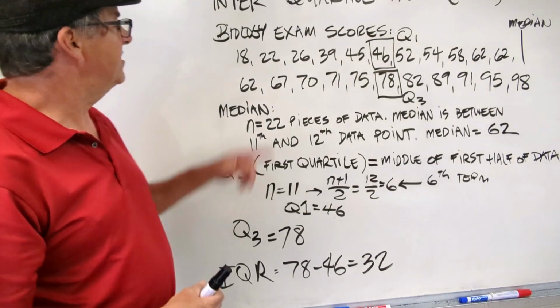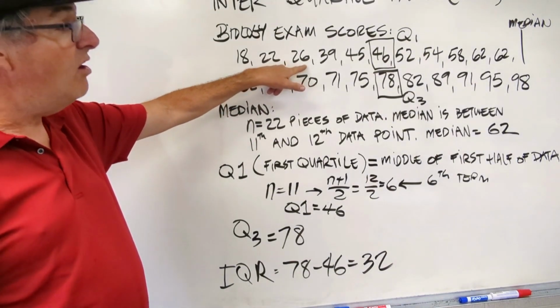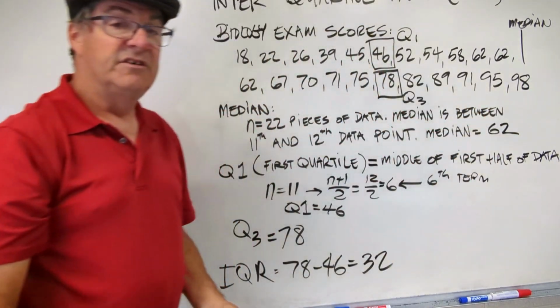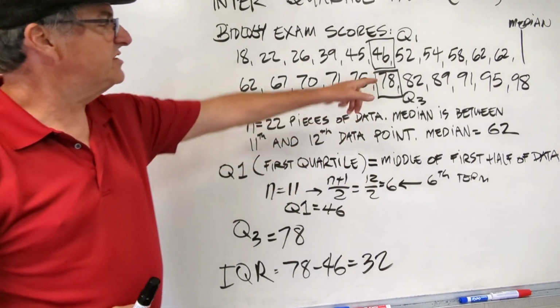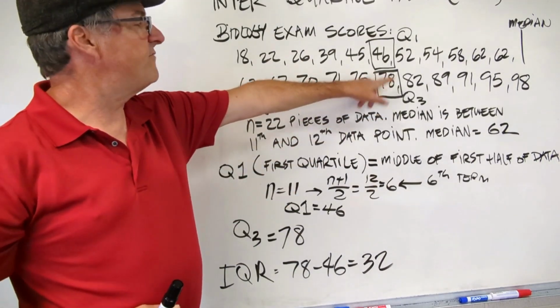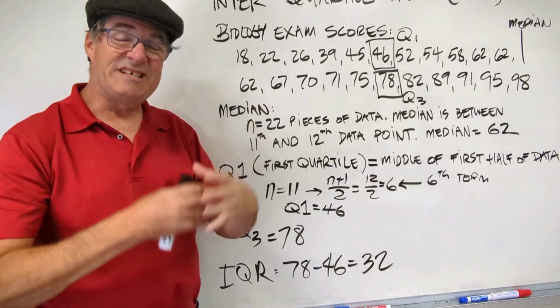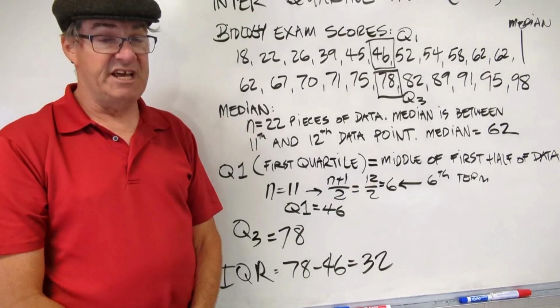Like you might consider maybe some of these scores to be outliers because they're so low, or you might consider these two scores to be outliers. So the interquartile range doesn't factor those in. It's just the middle of the second half minus the middle of the first half. So in some ways, this is a more stable representative measure of the spread of your data.